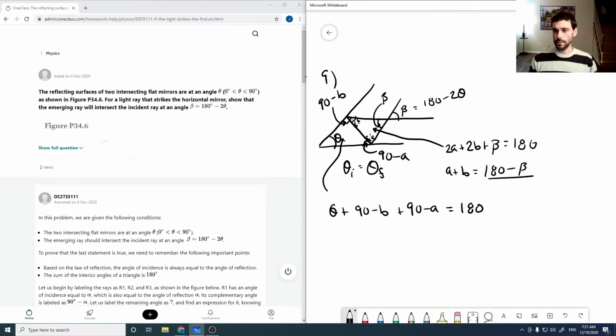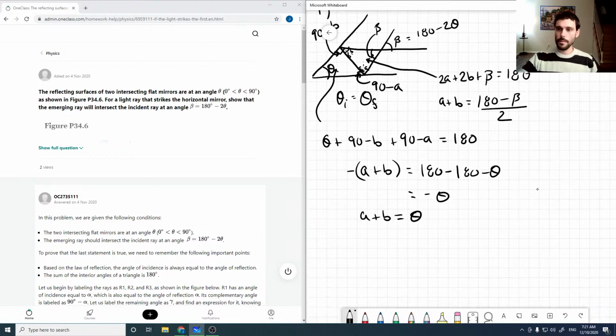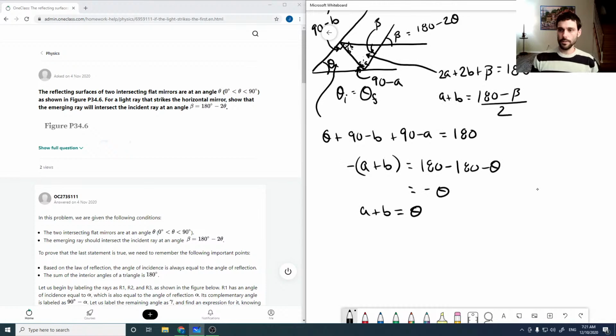And then if we look at this equation, we can solve this for A plus B by saying that minus A plus B is equal to 180 minus 180 minus theta, which is equal to just minus theta. So then A plus B is equal to theta. And so then we basically have the solution here.